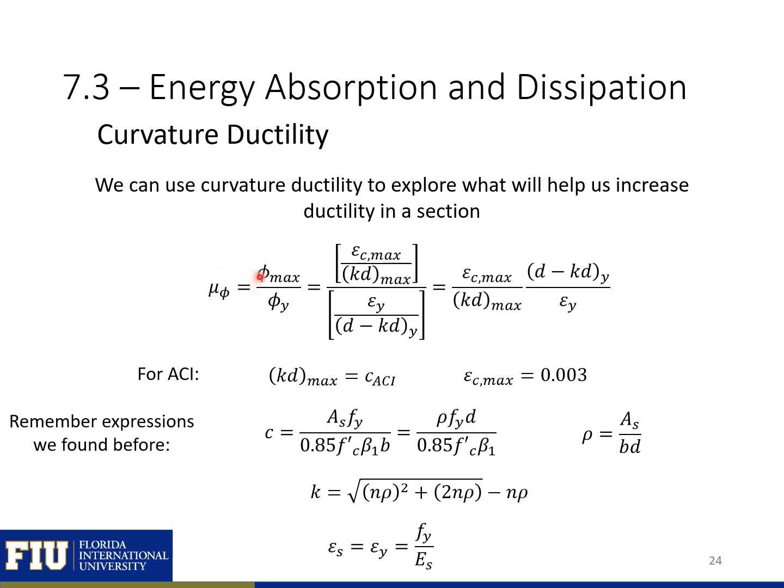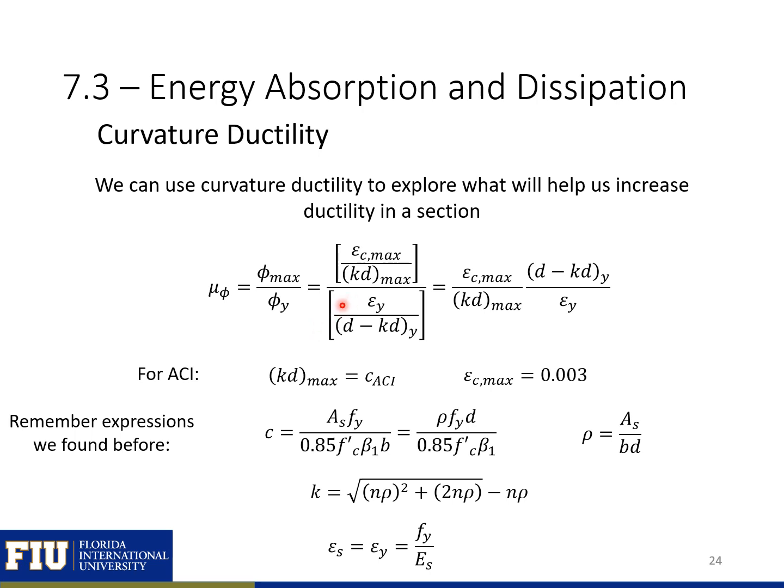So we know our phi max is equal to our epsilon c max divided by our kd max, or the distance from the neutral axis to the extreme compression fiber. And our yield curvature is equal to epsilon y divided by our d minus kd y, or the distance from the neutral axis to the centroid of our steel, and epsilon y being the yield strain.